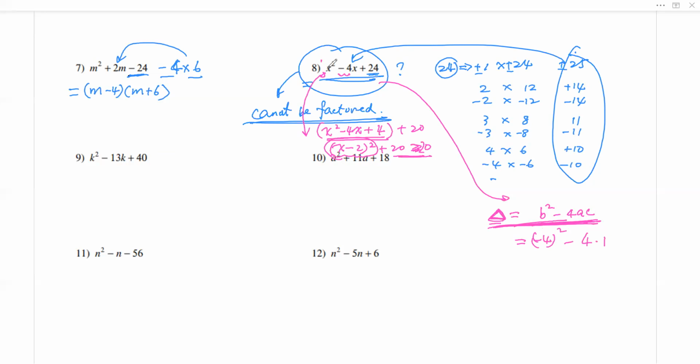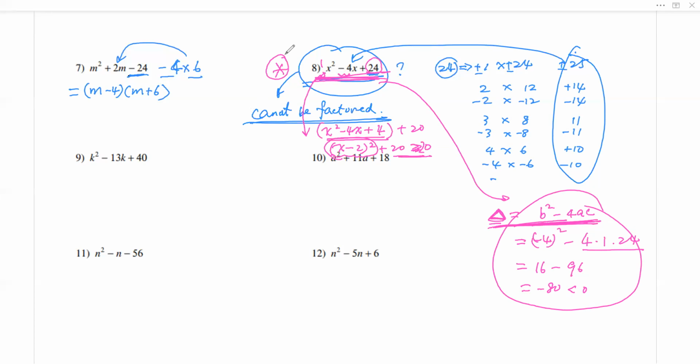A is right here, 1. C is 24. C is this one. So this means 16 minus 96, which equals negative 80, less than 0. When it is less than 0, these kinds of trinomials cannot be factored. So this is a typical case.